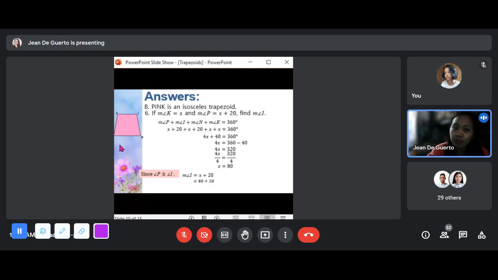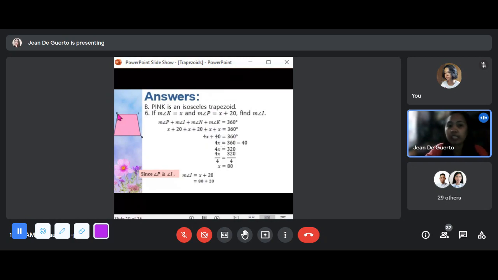Bakit sila supplementary? Because they are not a pair of base angles. Since the trapezoid is an isosceles trapezoid. Okay? Kasi kung hindi isosceles yung trapezoid, hindi natin yun pwedeng maging reason. Kasi hindi lahat ng consecutive angles ng ordinary trapezoid supplementary.